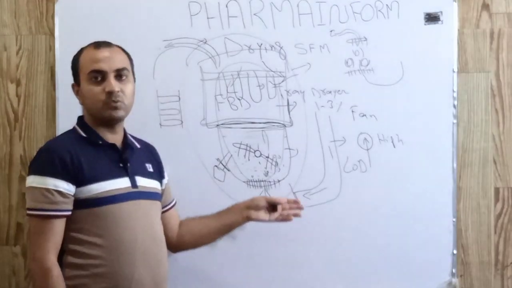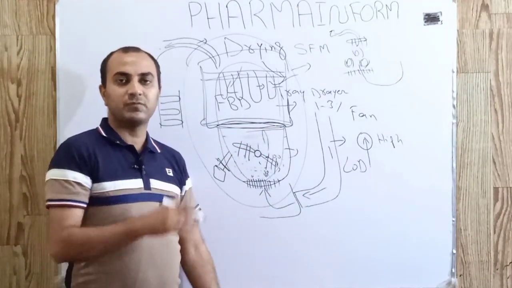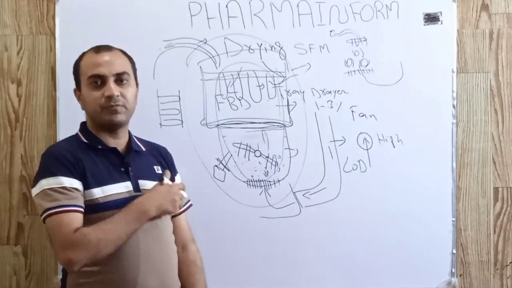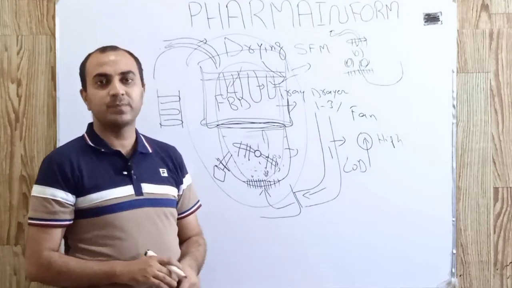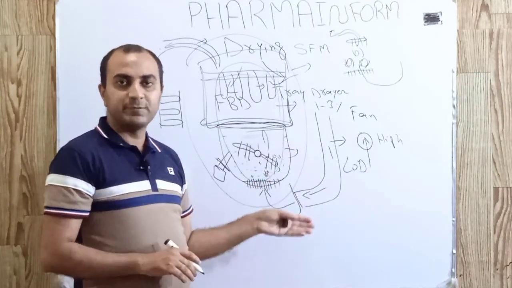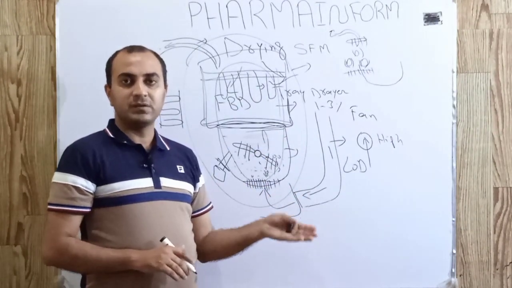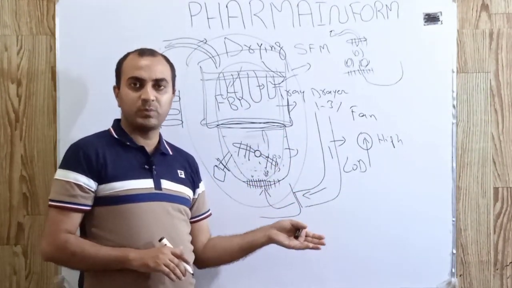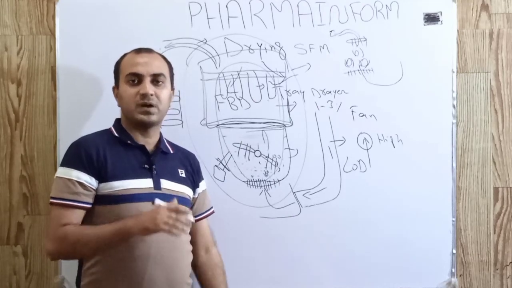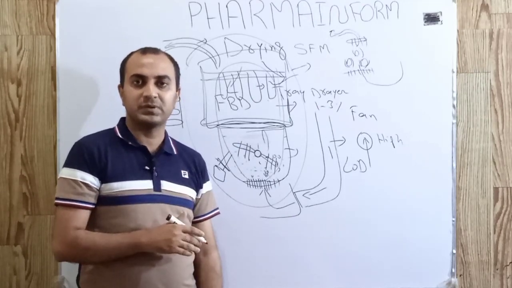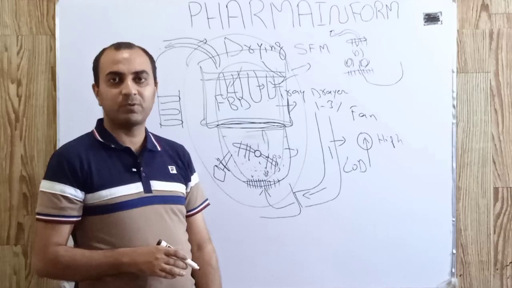For a basic overview, after wet sieving, we transfer our wet mass or wet granules to the dryers, either FBD or tray dryers. We apply hot air which removes moisture from our product, and after an optimum time period we check LOD of our product.